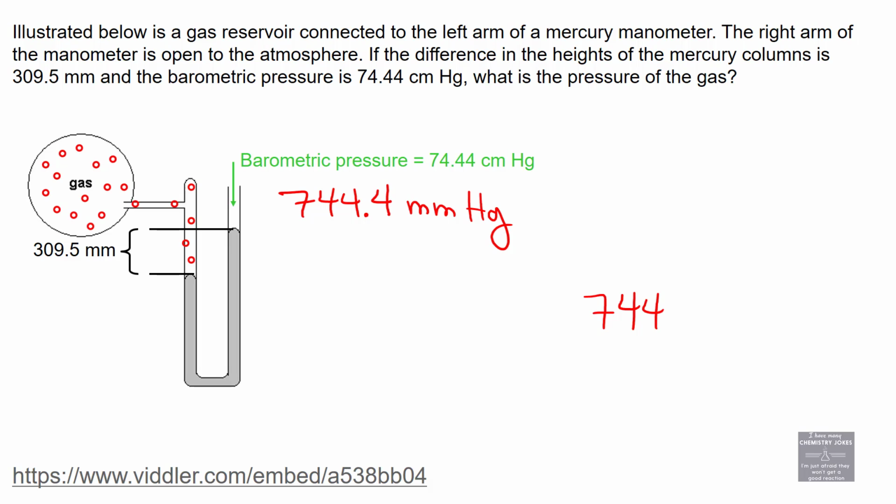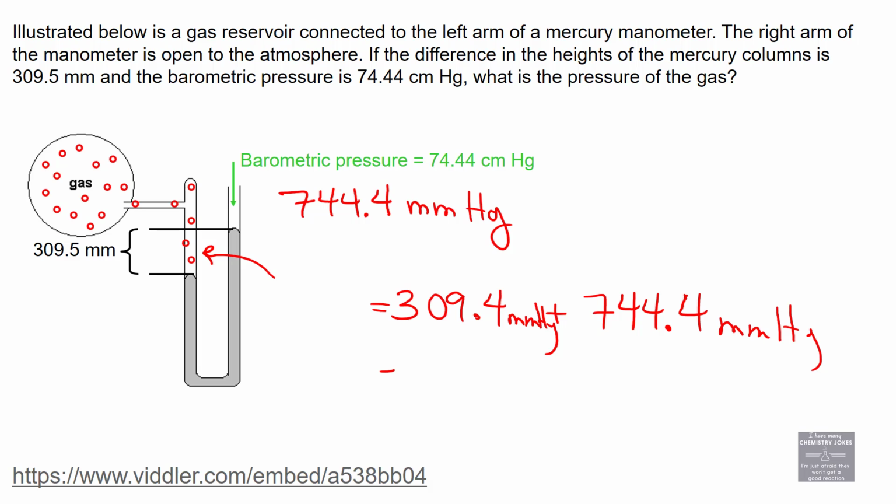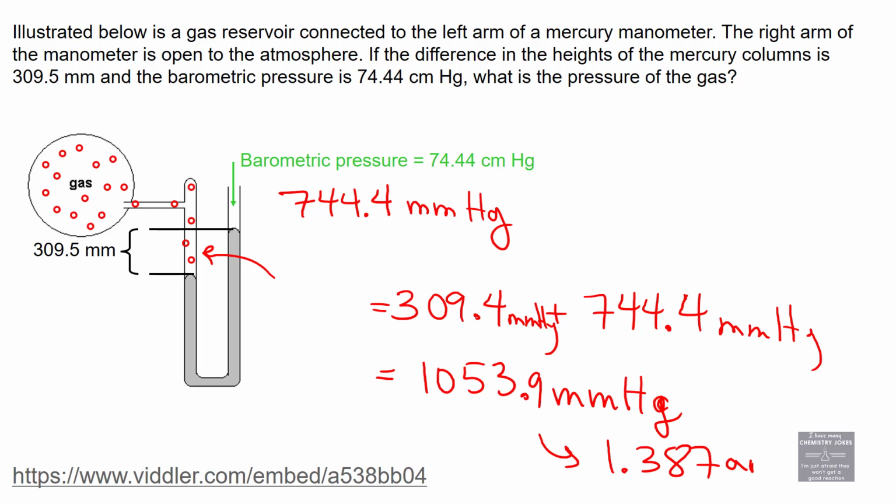Atmospheric pressure plus H, because I know that my gas has displaced more mercury than my atmosphere has. So my pressure of my gas is 1,053.9 millimeters of mercury. And it doesn't say in atmospheres this time, but I'm going to go ahead and write it down so that you can double check your math. 1.387, if I did my math right, atmospheres. Yeah.